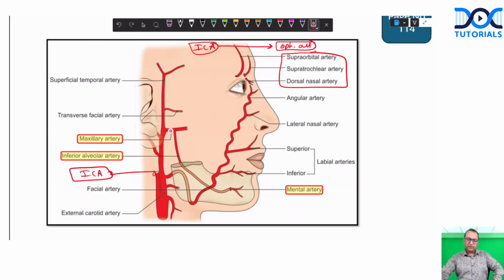The inferior alveolar artery will enter the mandibular foramen, run inside the mandible bone and supply the lower teeth, then come out of the mandible at the chin as the mental artery and supply the chin. This mental artery, which is supplying the chin, is a branch of the inferior alveolar artery, which supplies the lower teeth, and is a branch of the maxillary artery. That you remember.